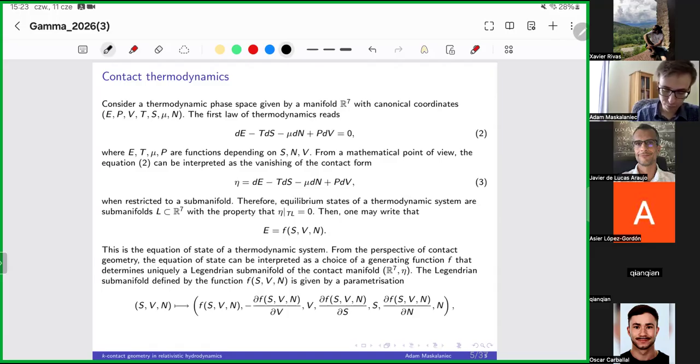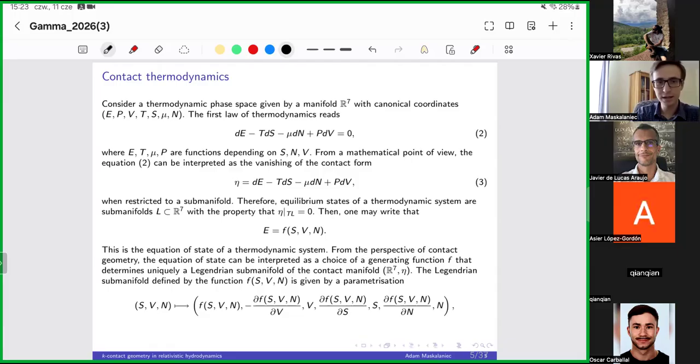Okay, so therefore we would like to restrict our system to a submanifold of our contact manifold with this property that eta vanishes on that submanifold.